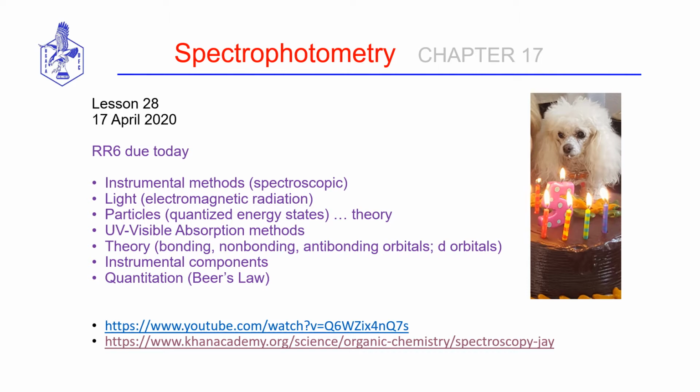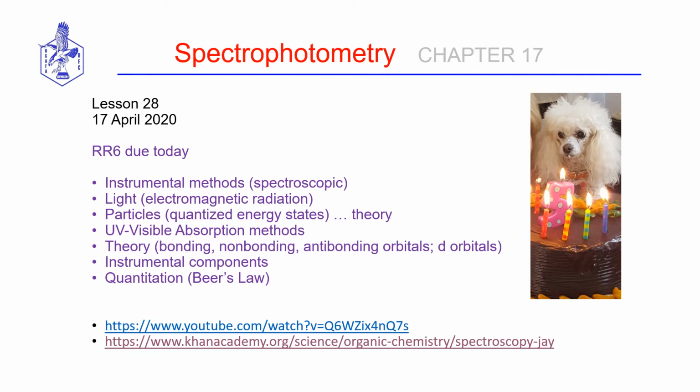We will talk specifically about the UV visible absorption spectroscopic methods, including the theory of operation, which electron energies we are perturbing, and how we exploit that to gather information about atoms, molecules, ions.